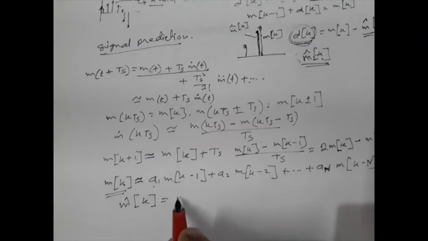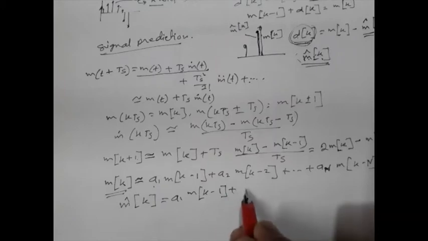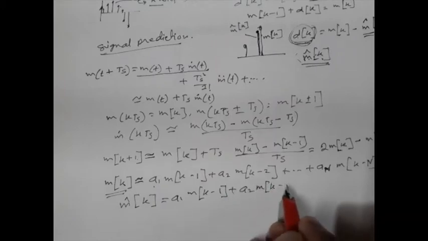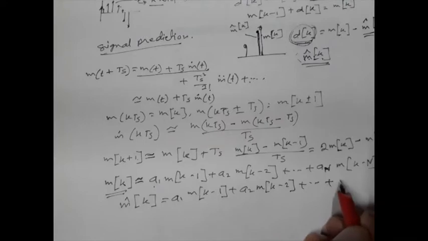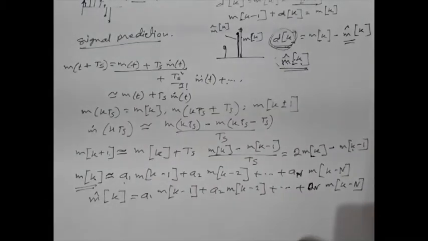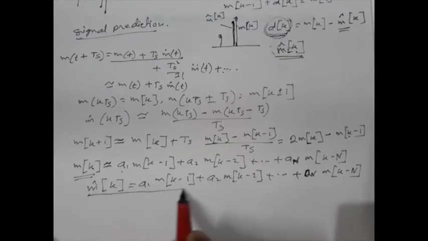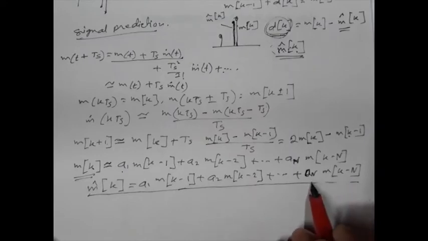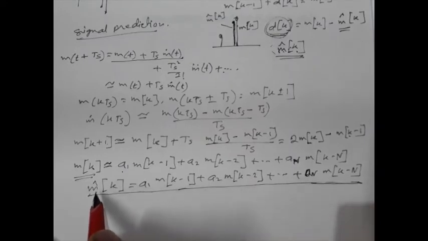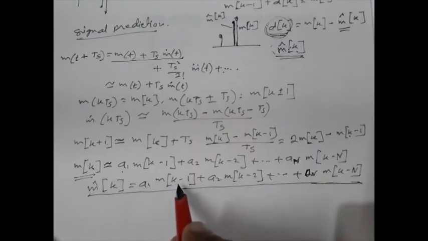So m cap k can be written as a1 m[k-1] plus a2 m[k-2] plus so on, an m[k-n]. So you can see that mathematically it is possible to generate the estimated value of the current sample with the history of n number of previous samples.